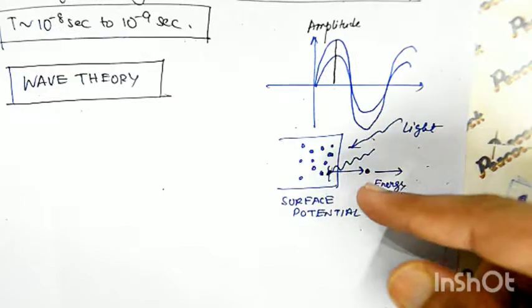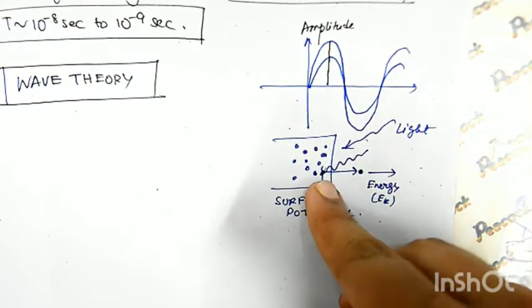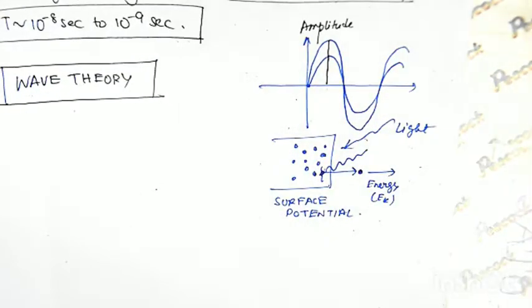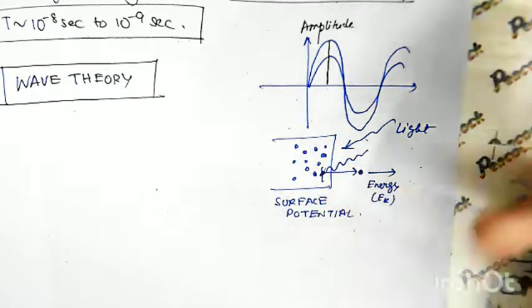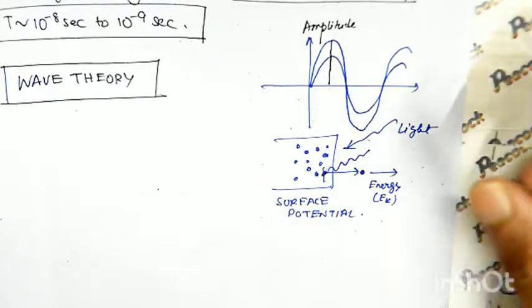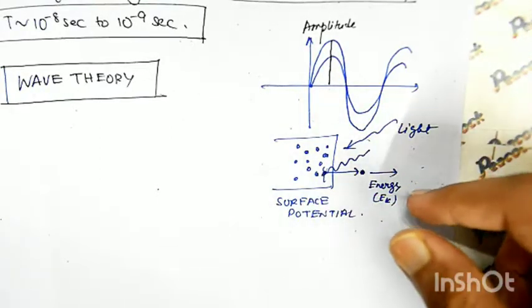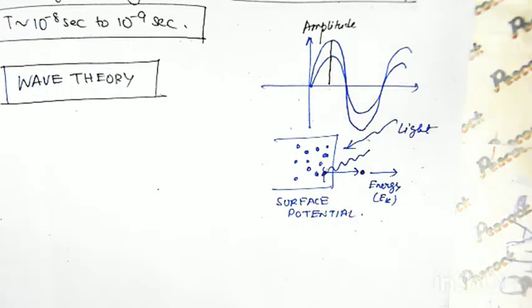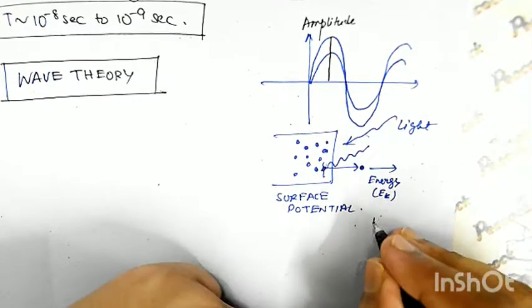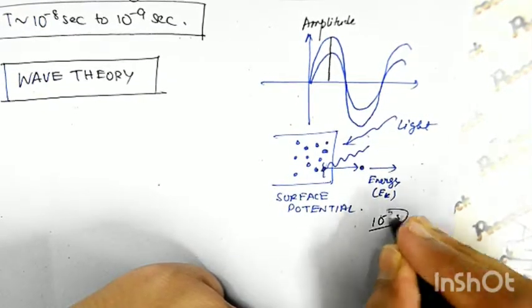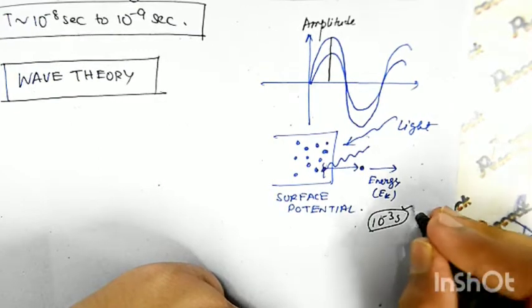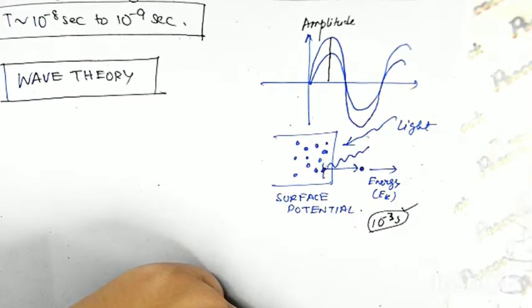Now for this wave energy going to the electrons, and electrons absorbing that energy in a continuous way. Remember, wave theory tells that energy absorption is happening continuously. Basically it will take a little amount of time, around 10 to the power minus 3 seconds.